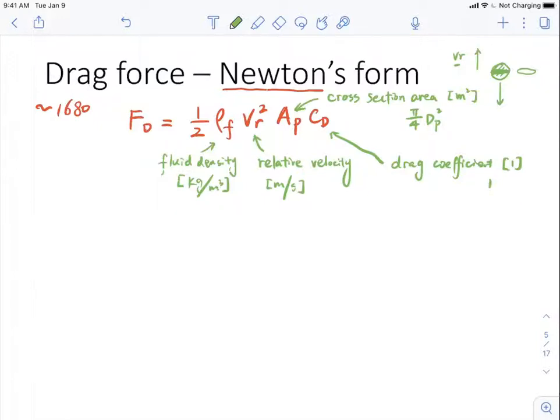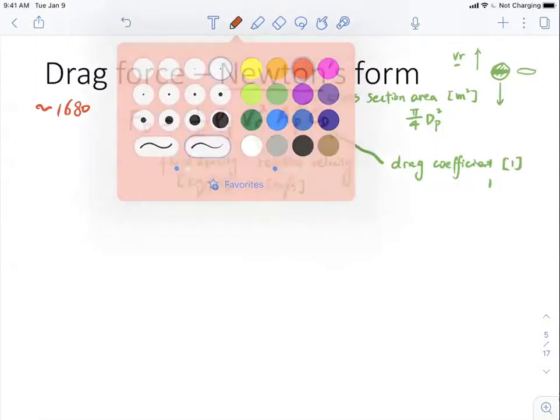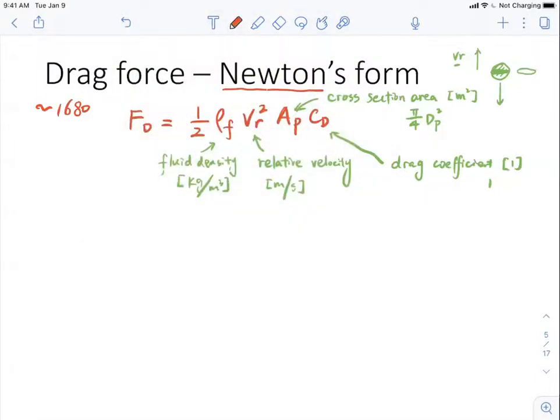But later on, people found that this drag coefficient should take different values depending on which condition we're at. But before we talk about that, let's first look at this equation, because we may be quite amazed by what he has done at that time.